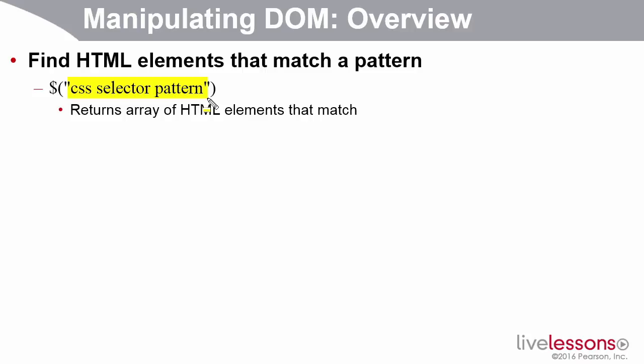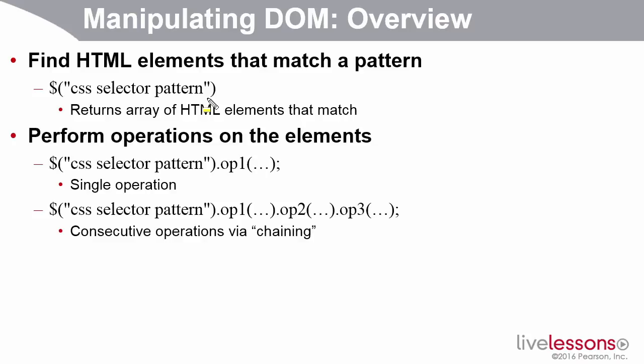So jQuery said, well, HTML developers already know it. Let's not invent something new. Let's use what they know already. And so the thing that you supply in quotes there to the $ sign function is a CSS selector pattern exactly like the selector patterns we talked about in the Cascading Style Sheets lecture. So that was the first brilliant idea that jQuery had. Use CSS for finding elements in the page.